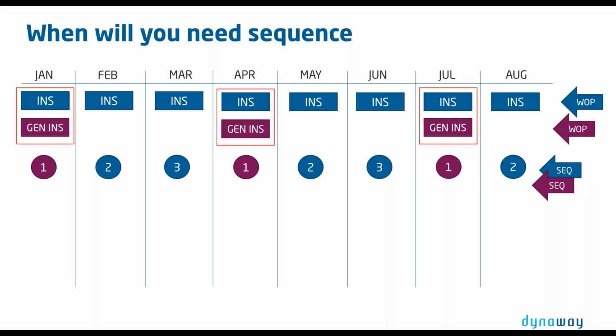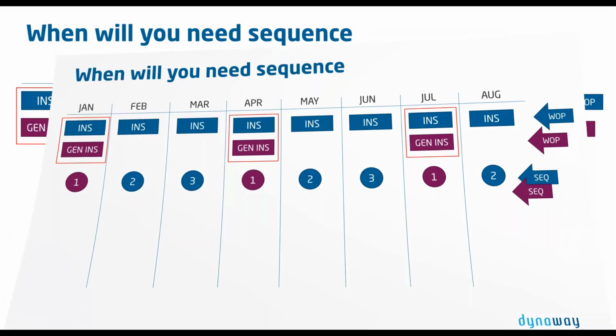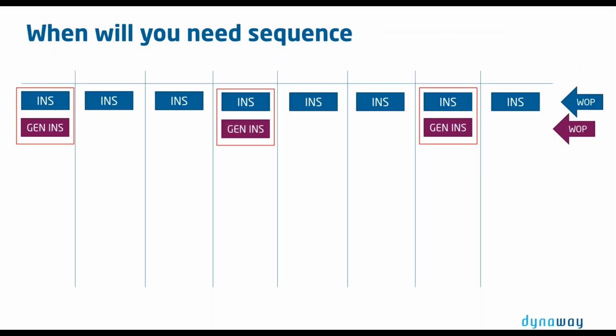But let's complicate this scenario a little more. The same story: we also need to do a general inspection. But instead of time, now we will have our counter reading. So we would like to do the inspection every 500 kilometers or running hours, doesn't matter.